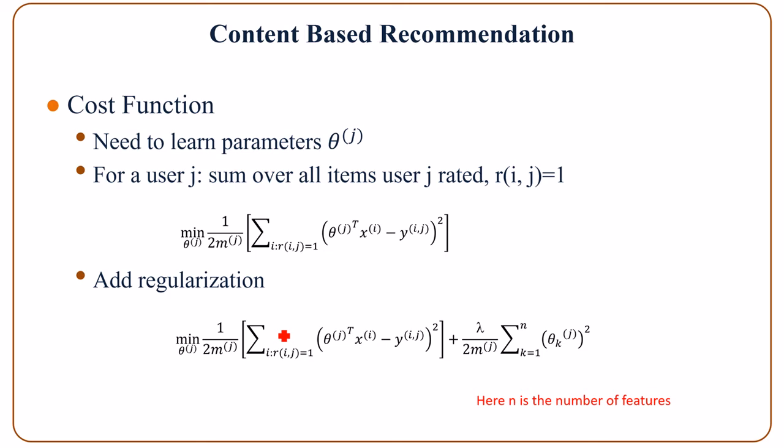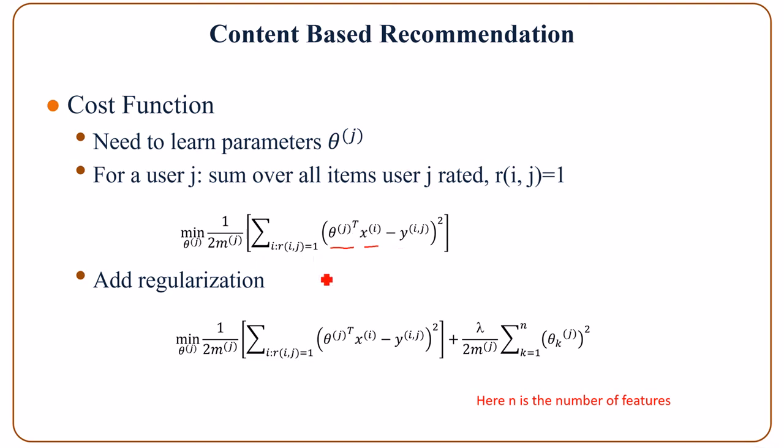Now first, let's form the cost function. Theta j transpose times x i is the predicted rating for item i of user j.